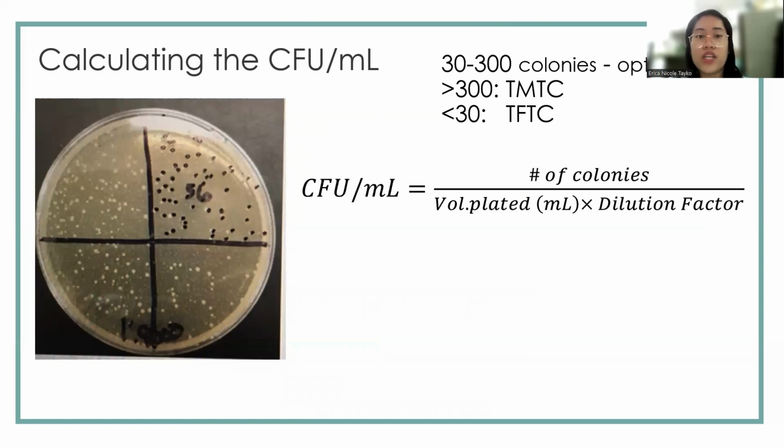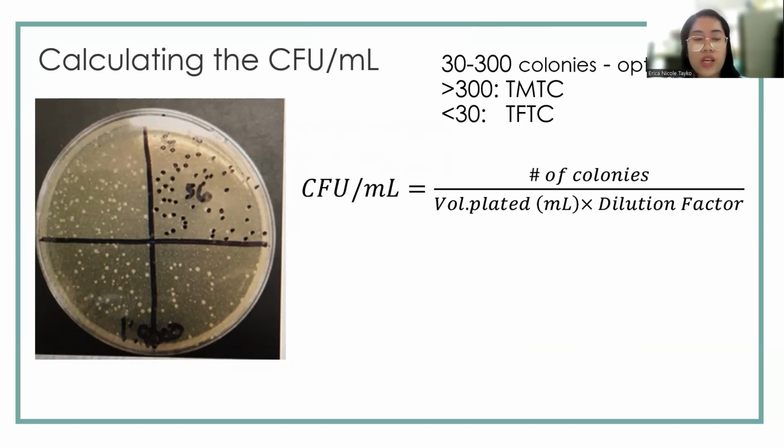So we are under the assumption that each colony will come from a single bacterial cell, which is not always the case, because sometimes a colony can arise from multiple bacterial cells. But in this case, we only term it as colony forming units as the equivalent of the bacterial cells that we will estimate later on.